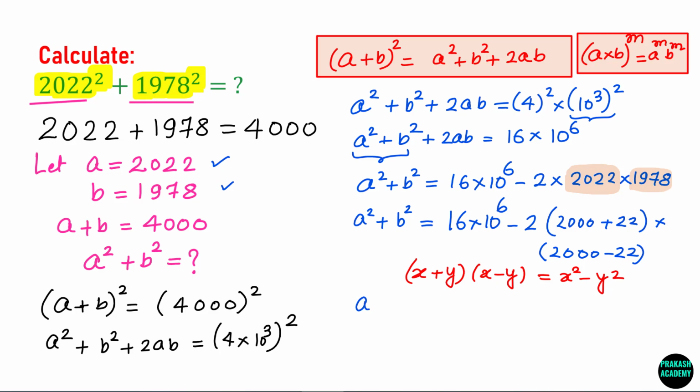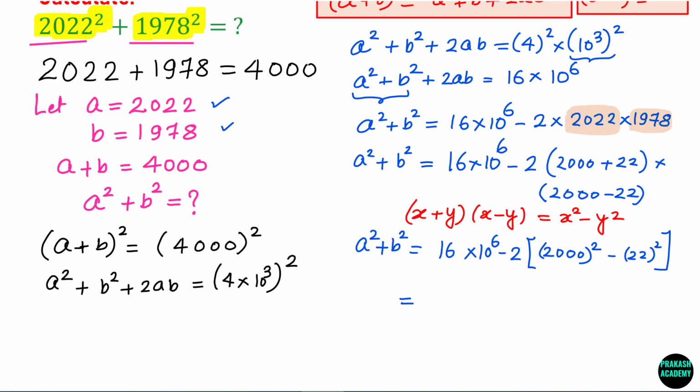So let us use this formula. Then A square plus B square is equal to 16 into 10 to the power 6 minus 2 times (2000 square minus 22 square).